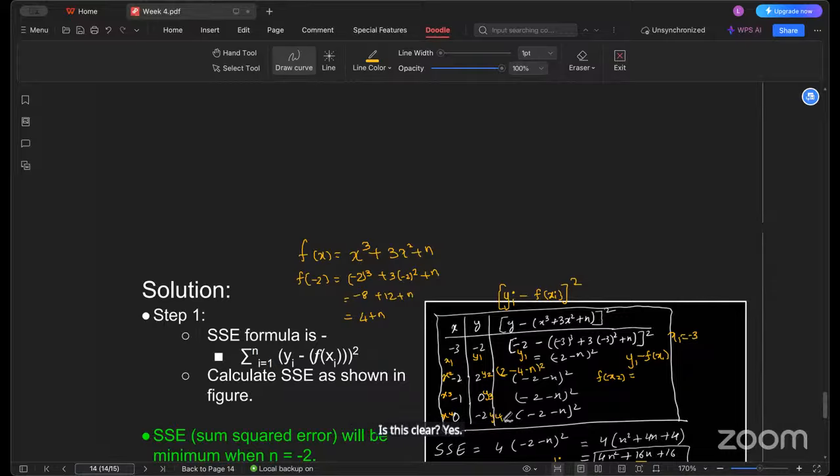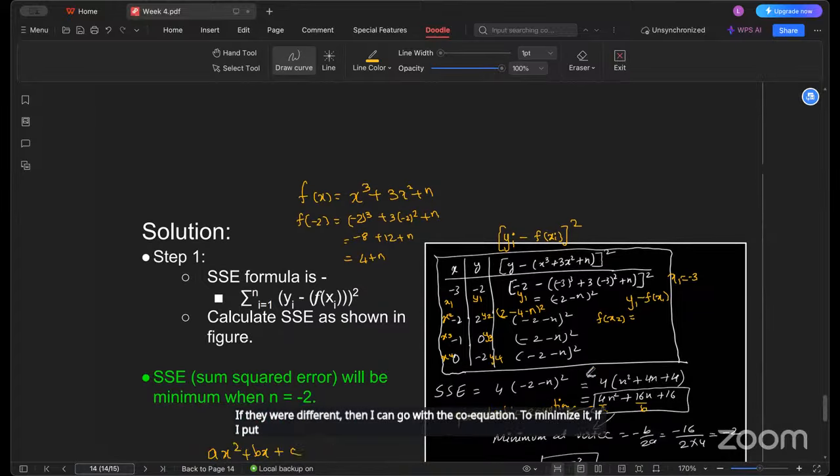If you see the terms, all the y minus f of x is minus 2 minus n, right? So if we equate that to 0, we will get n is equal to minus 2. But why did we need to equate it to 0? Because all of them are the same. If they were different, then I would go with the quadratic equation to minimize it.